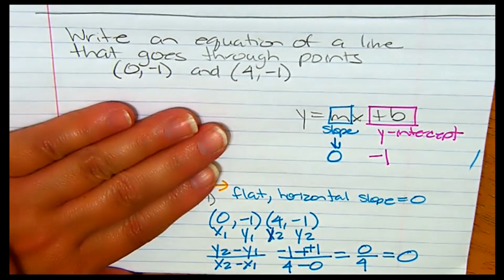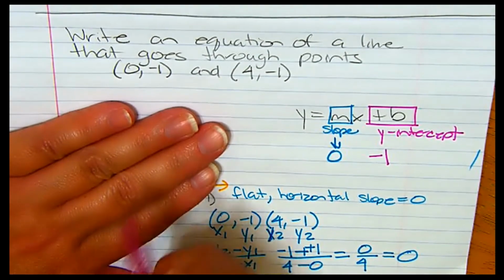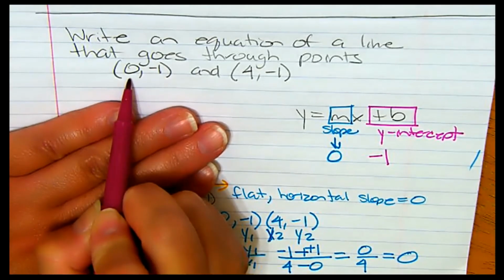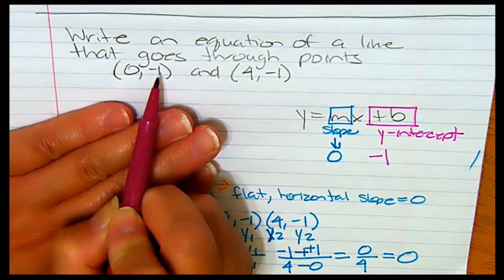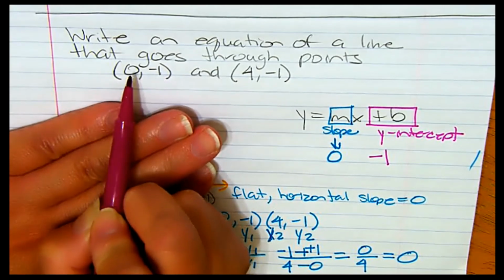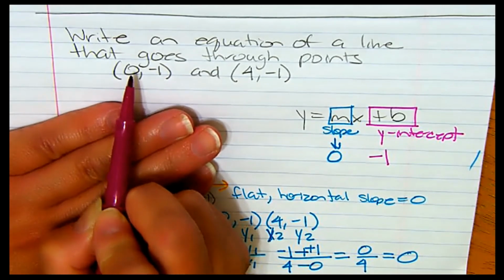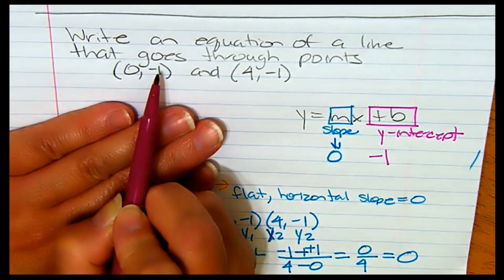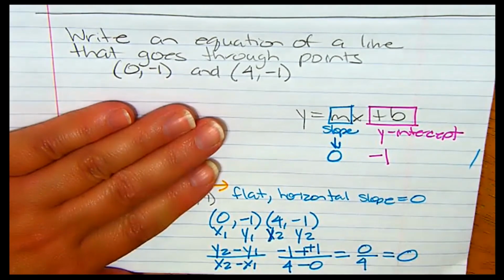Yes, because the y-intercept is when we set x to 0, this is where it crosses our y-axis. So x is set to 0, and it crosses our y-axis at -1. Boom, -1.